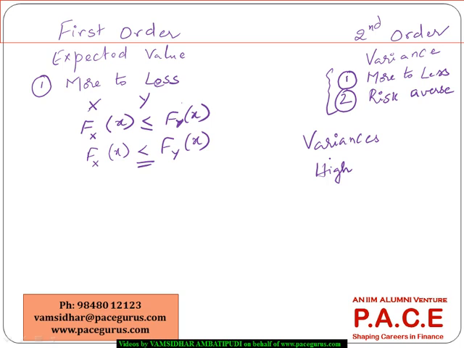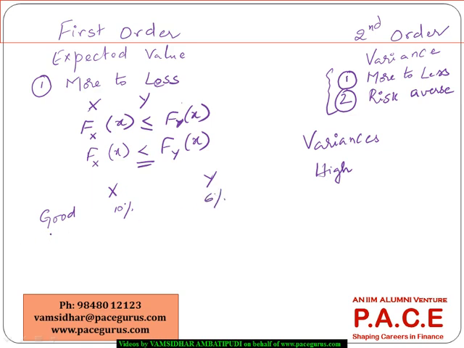A simple way to look at it: let's say I am looking at two different investments, X and Y. When the economy is good, X will give a 10% return and Y will give, let's say, a 6% return.